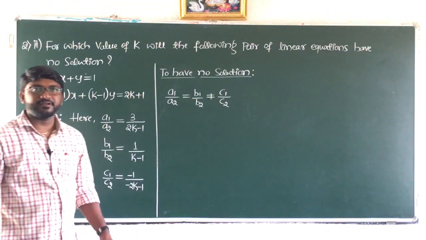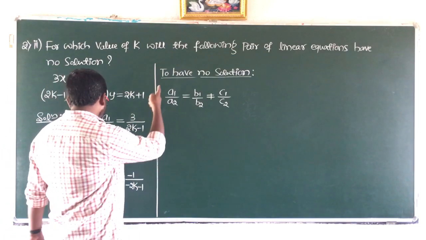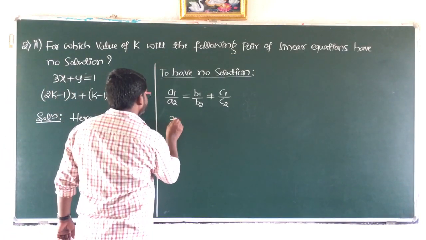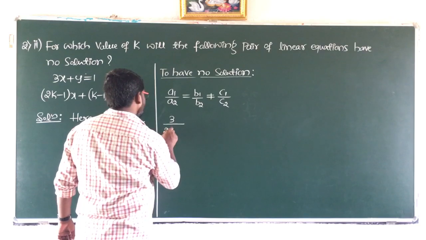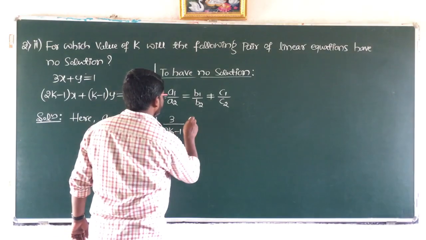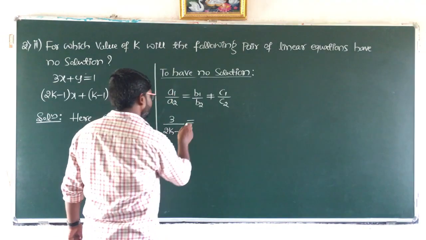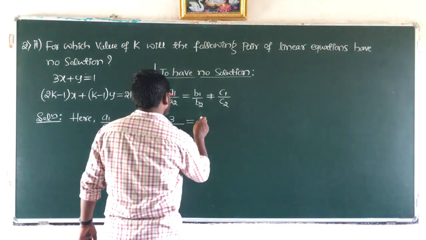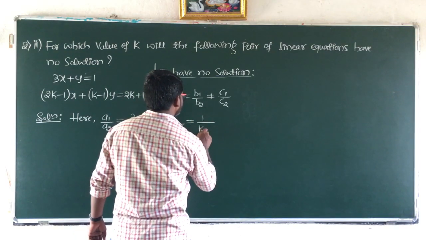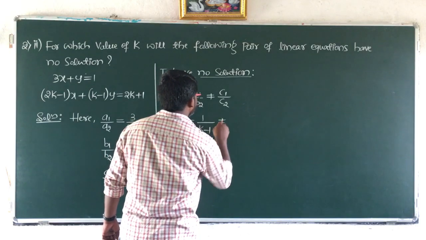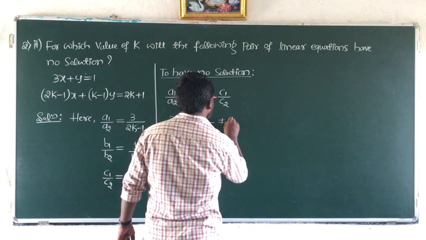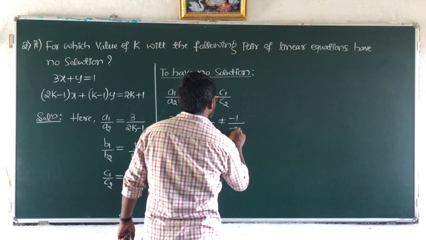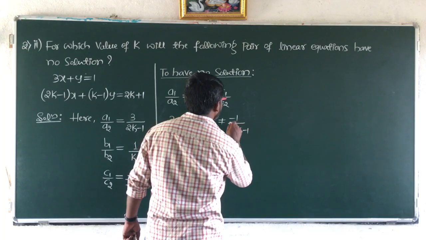This is the condition for no solution. So now a1 by a2 is 3 divided by 2k minus 1, which is equal to 1 divided by k minus 1, which is not equal to minus 1 divided by minus 2k minus 1.